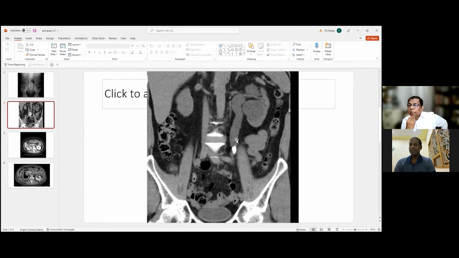As well, if the patient doesn't have stones, it will facilitate diagnosing any other possible diagnosis outside of the genitourinary tract.